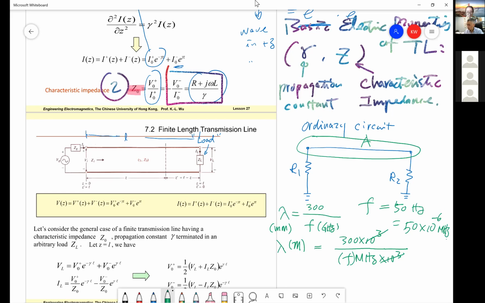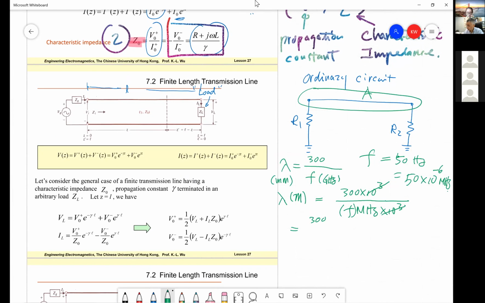Okay, right? So what is the wavelength for the voltage current in the power line we have? It is 300 divided by 50 times 10 to the minus 6 meter.